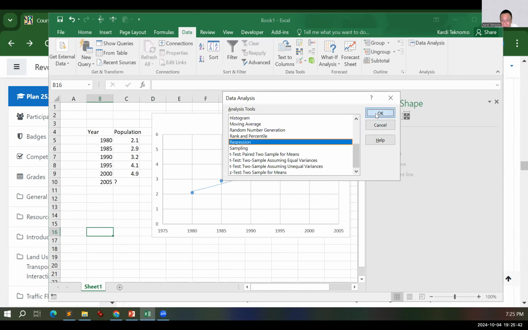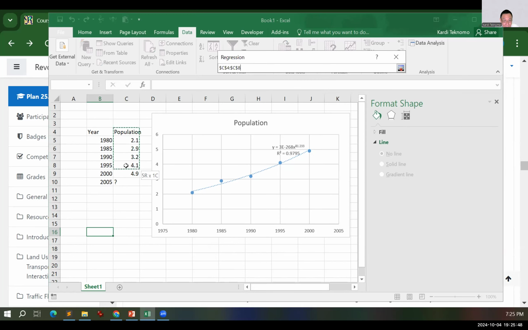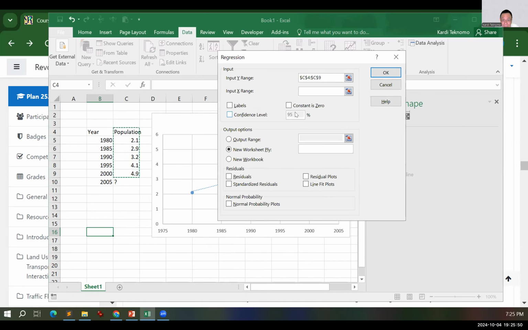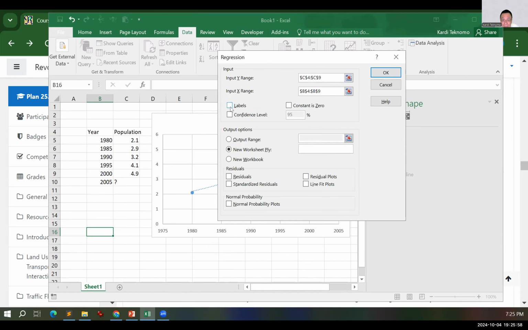The input Y range is this one, and I will include the population. The X is the year. Because in the beginning I put year and population, the label is there.